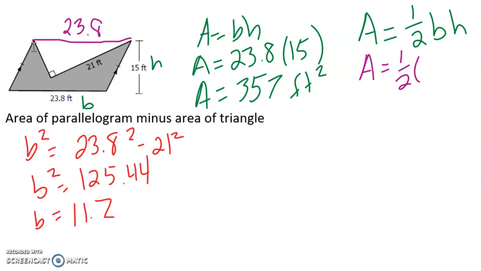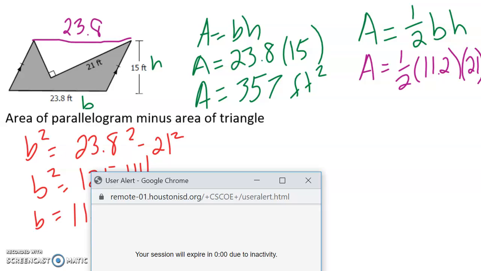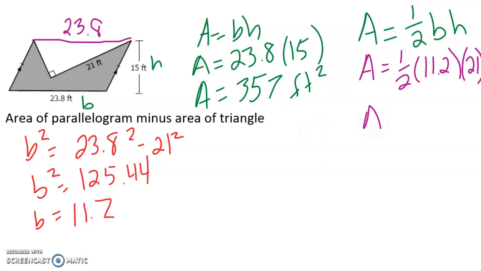So if I have my base, now we can find the area of the triangle by doing 1/2 times 11.2 times 21. So 1/2 of 11.2 is going to give us 117.6 feet squared.